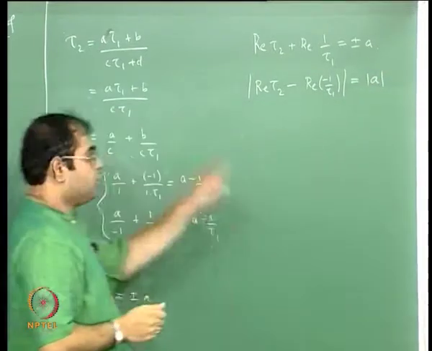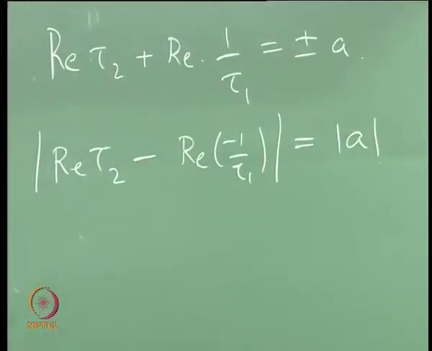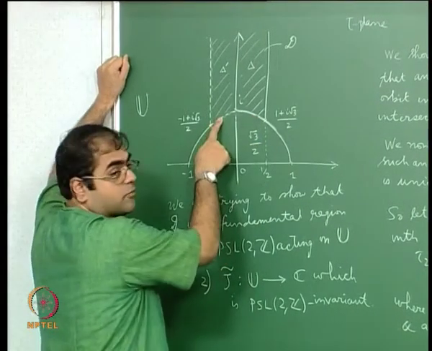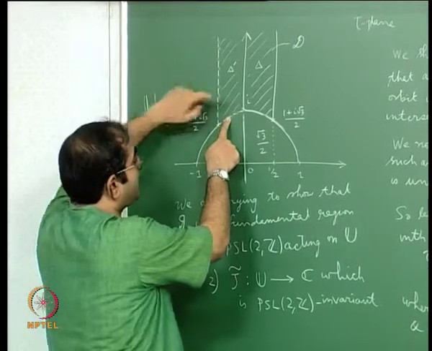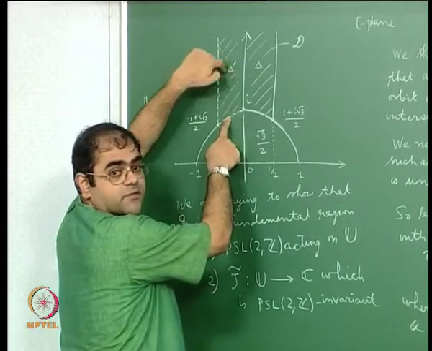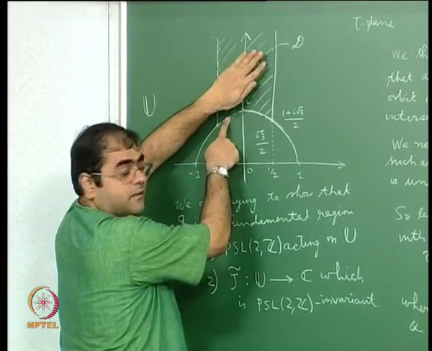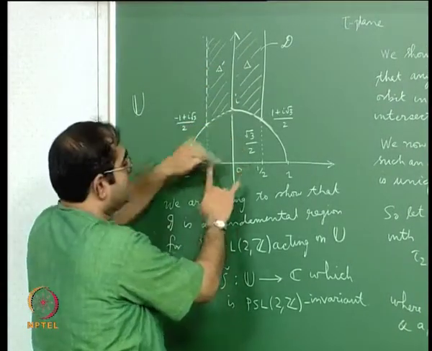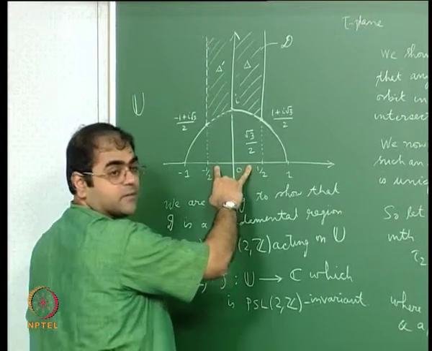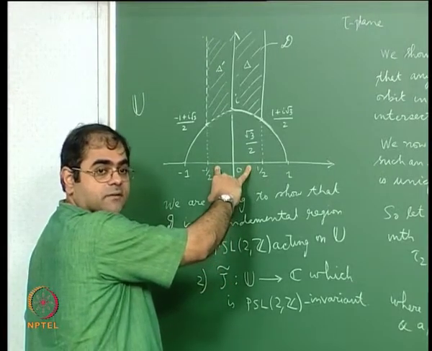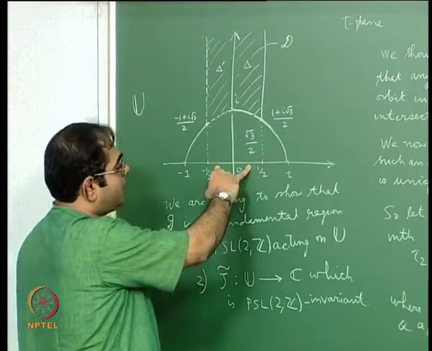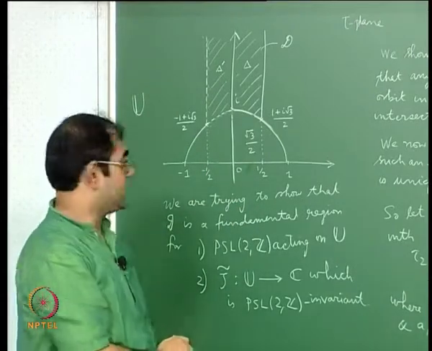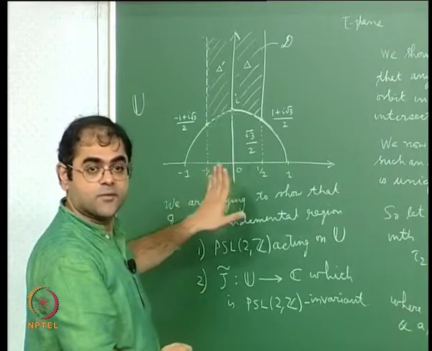Now tau 1 is here, minus 1 by tau 1 will be its reflection here, and tau 2 is somewhere in this region in script D. If you take the real parts and you want the distance between them to be an integer, the only possibilities are that the distance can be 1 or 0.